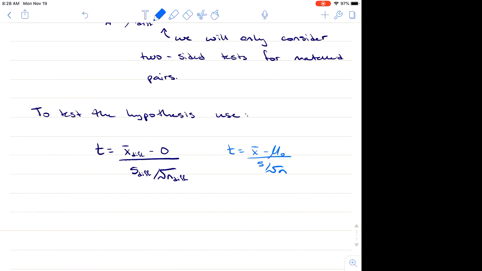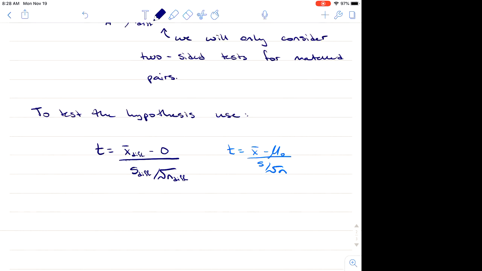We always do our testing assuming that the null hypothesis is true. So these are the same, except that I'm just highlighting that all of these are of the differences. Once you have your column of differences, you can calculate the mean, the standard deviation, the sample size.